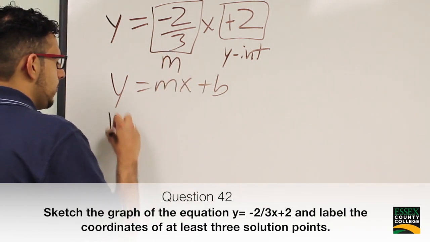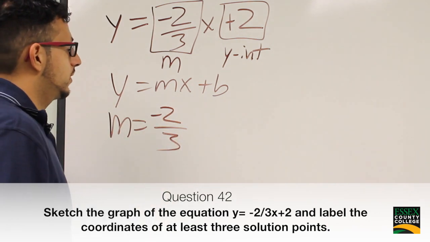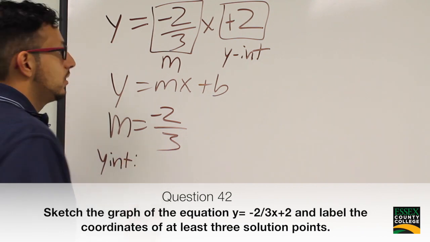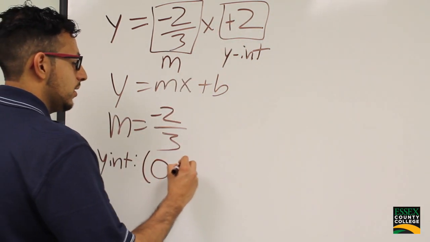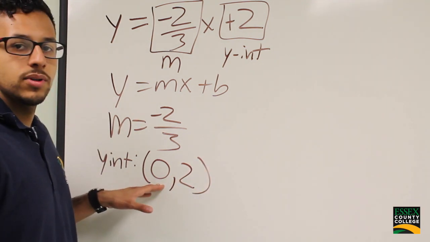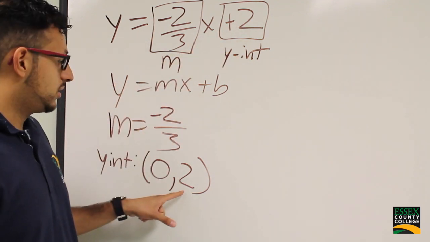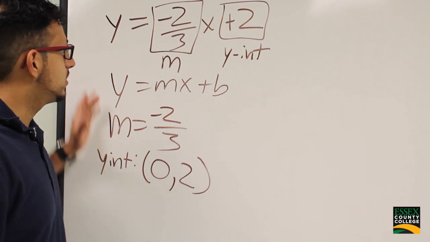So the slope here is negative 2/3, and the y-intercept is positive 2, written as (0, 2), because for the y-intercept, x is always 0 and y is whatever the b is, in this case positive 2. So this is what's going to help us graph this equation.